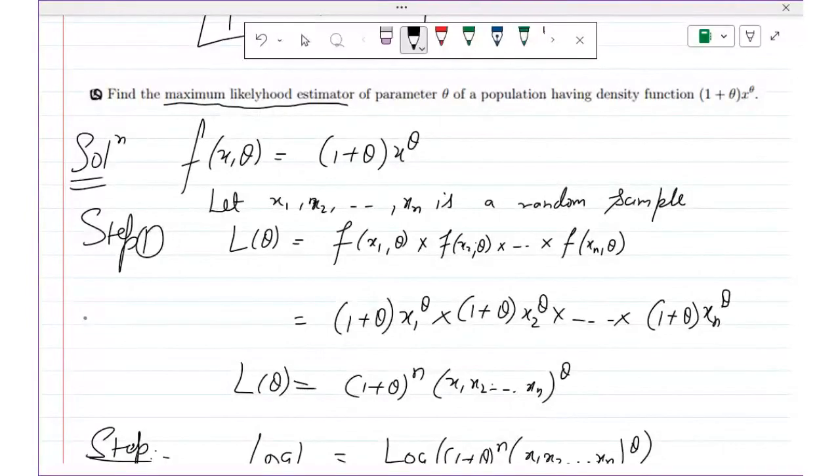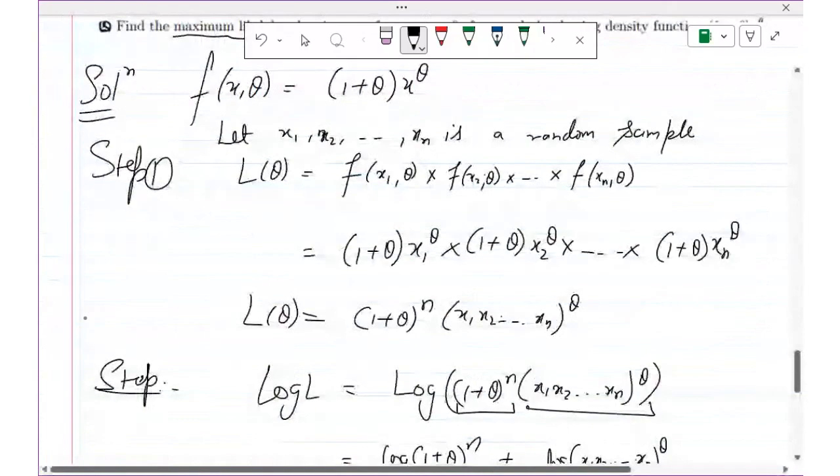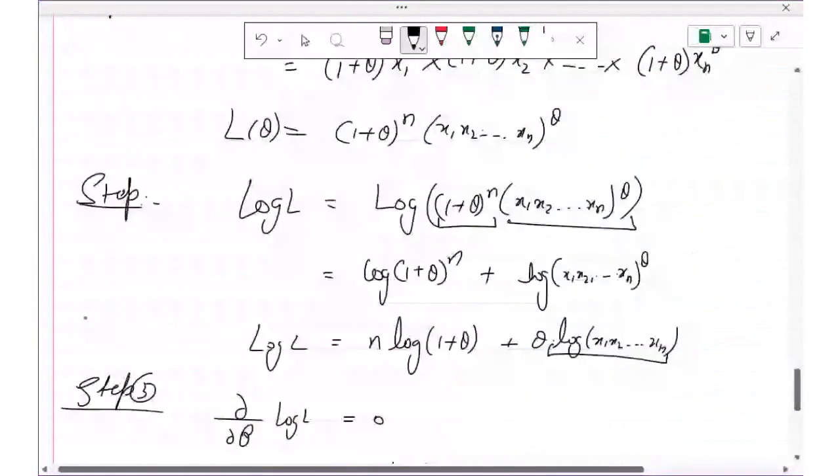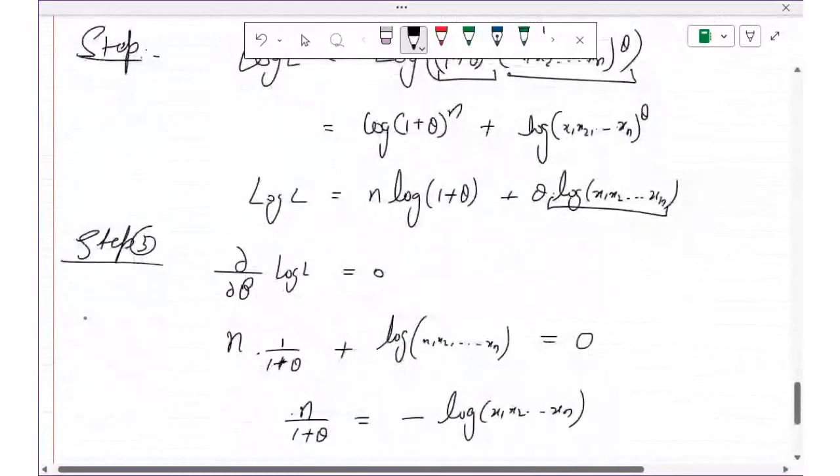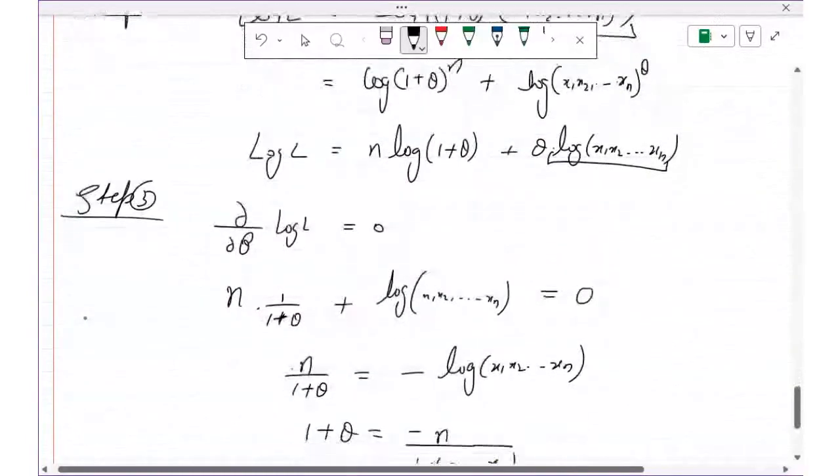Otherwise, I am trying to re-verify that all steps are done correctly. Yes, everything is fine.